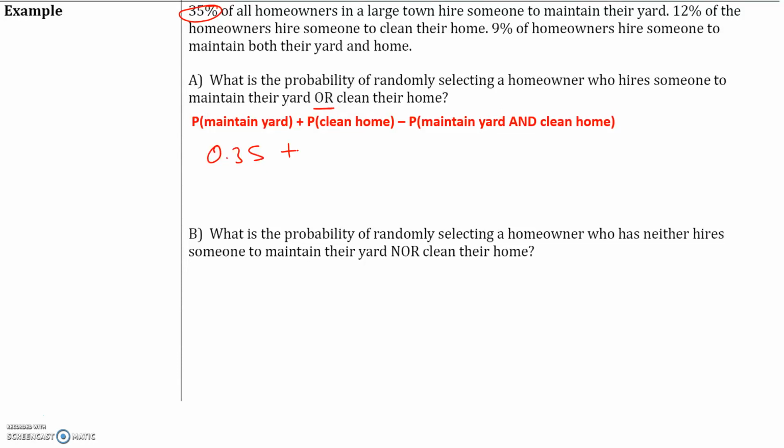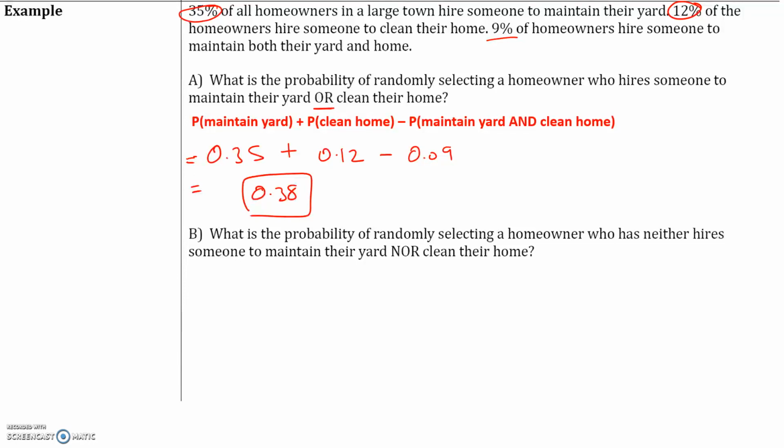What's the probability that a homeowner hires someone to clean their house? That's going to be 12%, or 0.12. Minus, what's the probability that the homeowner hires someone to maintain their yard and clean their house? So 9% of homeowners hire someone to maintain their yard and home, so that's going to be minus 0.09. If we take 0.35 plus 0.12 minus 0.09, our answer will be 0.38.